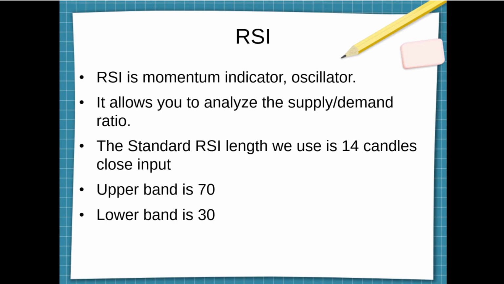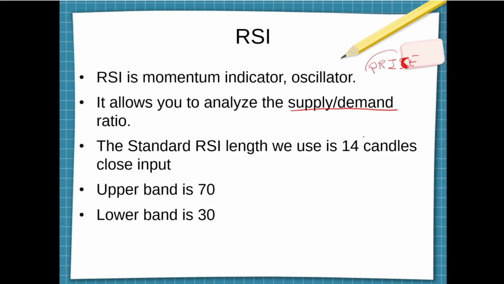Okay, so now let's talk about it. RSI is a momentum indicator, an oscillator. It allows you to analyze the supply and demand ratio. Now this is extremely important, and most people don't get that. RSI does not involve the price in its algorithm.